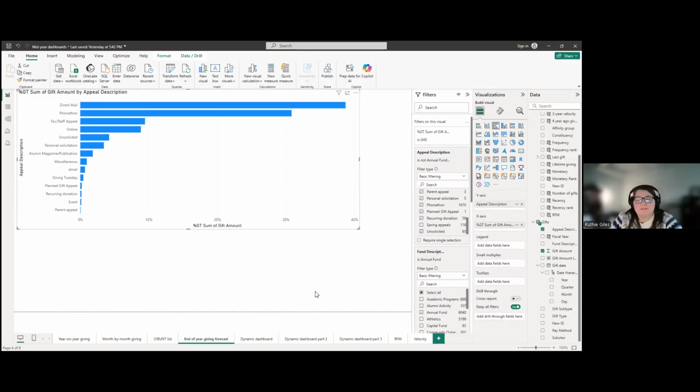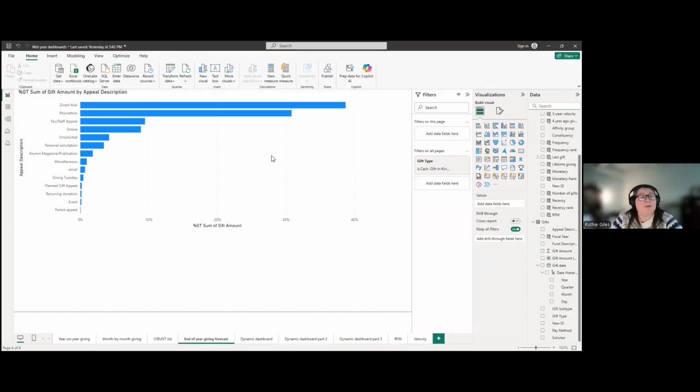Yeah, and not to butt in, but I'm going to butt in. Another thing it could tell us is that they're focusing on doing a lot of direct mail rather than what's further down the list, and not so much through Giving Tuesday, say, which is much further down the list. So it tells us where they're already focusing, and if they wanted to beef something up, that gives them opportunity to do so.